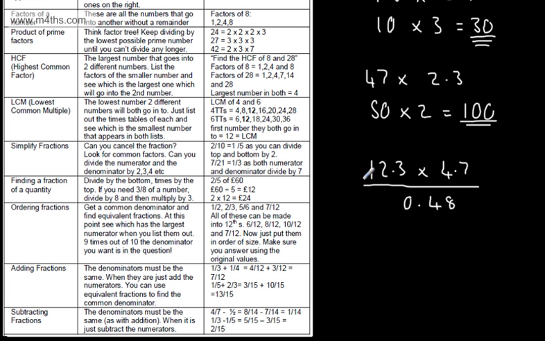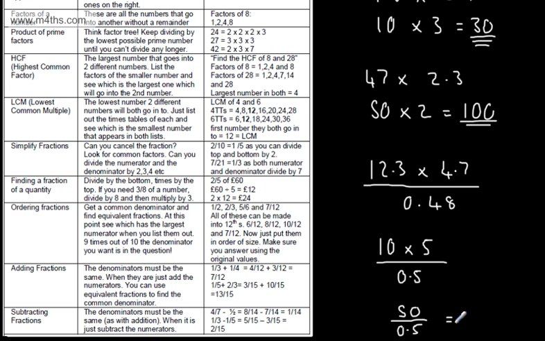So let's round these now to one significant figure. 12.3 to one significant figure is going to be 10. 4.7 to one significant figure is going to be 5. 0.48 to one significant figure is 0.5. So what we have is 50 divided by 1/2.